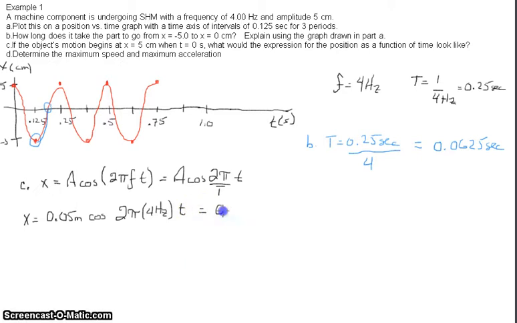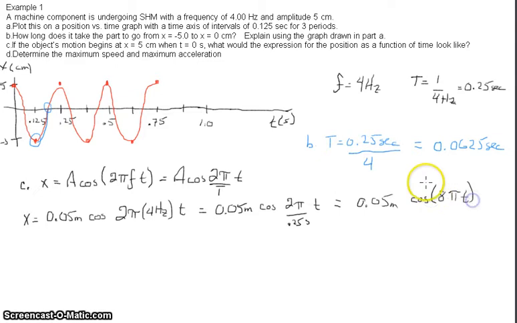And that will also equal 0.05 cosine of 2 pi divided by 0.25 seconds times t. Either way, both of these will equal the following: 0.05 meters times cosine of 8 pi times t.